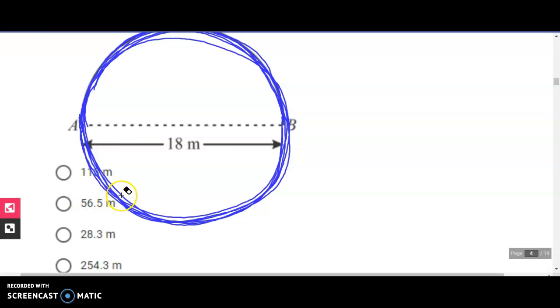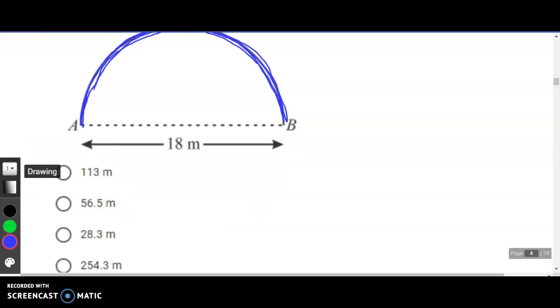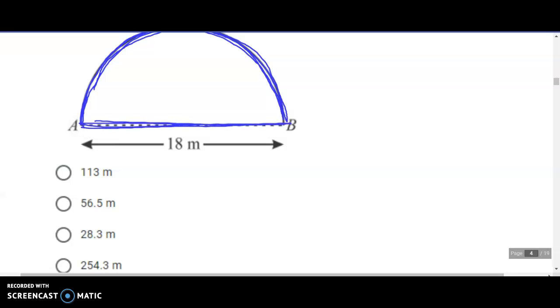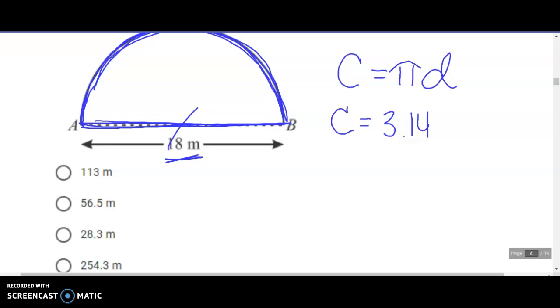All right? So the first thing that we need to do is we need to realize that this 18 is the diameter of a full circle. So we're going to have to cut it in half to get the radius, or we could actually just use it as, never mind, since we're finding circumference of the whole thing, I would cut it in half, but it doesn't matter. We can use C equals pi d, because this is the diameter, right? So C equals 3.14 times 18, which is 56.52.